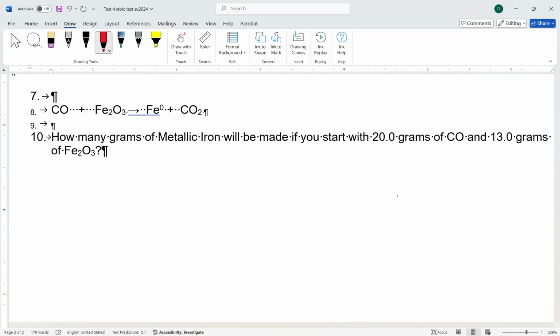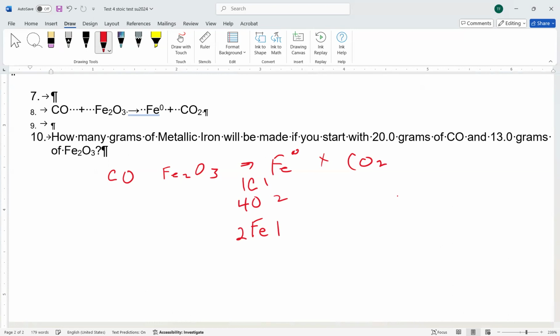So let's write it bigger. Okay, so we have one carbon on the left, one on the right, two irons, four oxygens, two oxygens, two irons, one iron. Okay, so it's definitely not balanced. So let's balance the oxygens first.